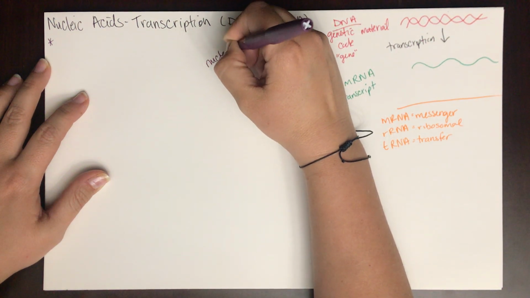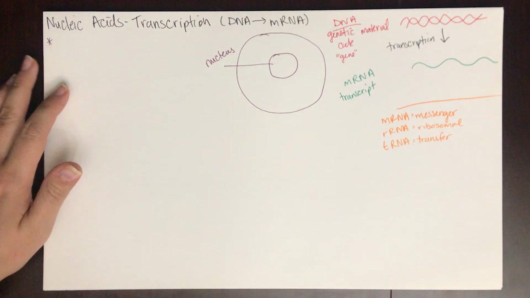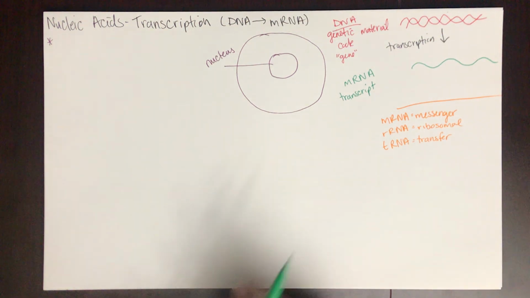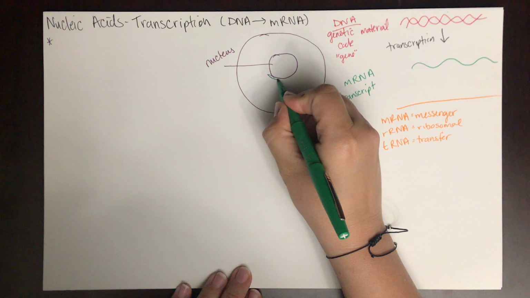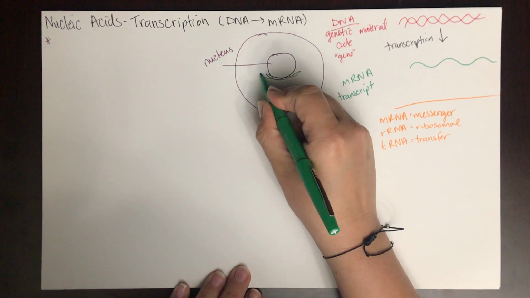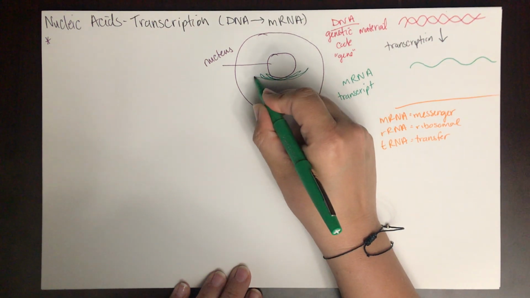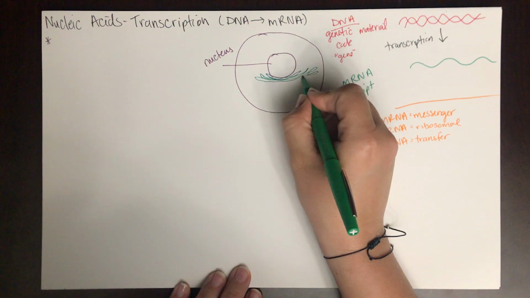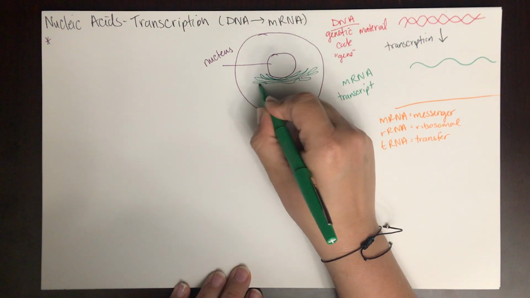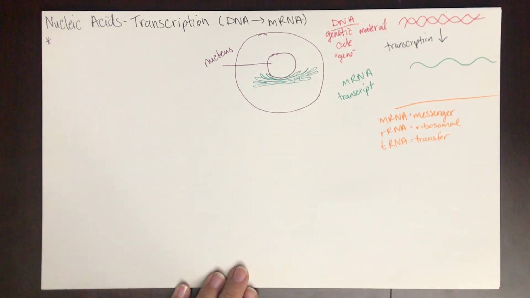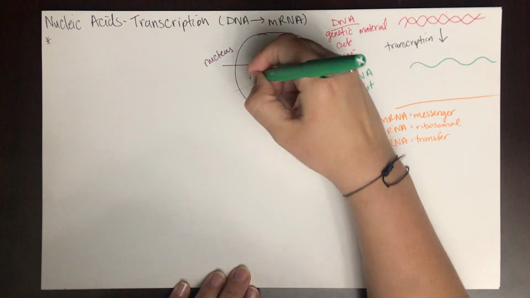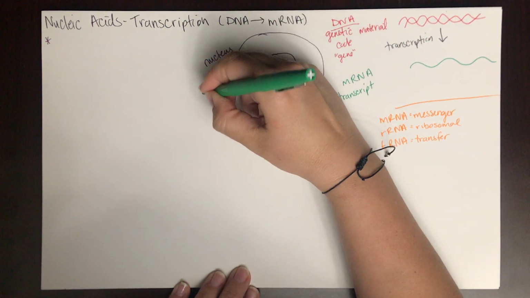And then I'm going to draw this. On the outside of the nucleus, kind of continuous with the nucleus, you'll see when you look at pictures, this structure that kind of has these back and forths. This is called endoplasmic reticulum.